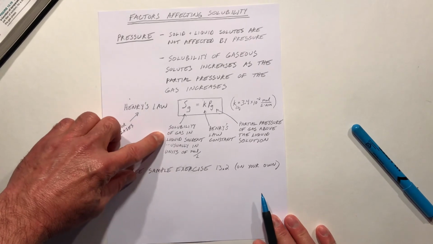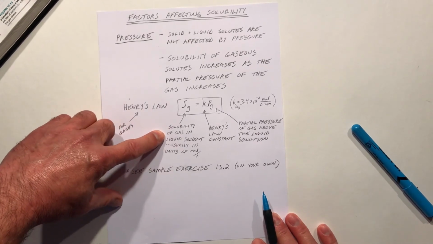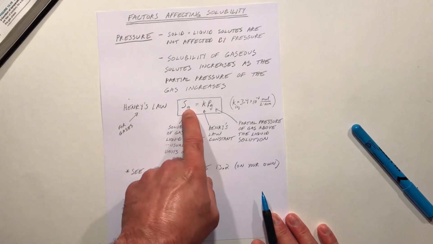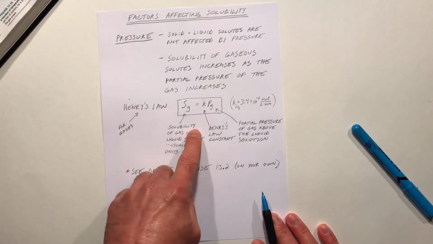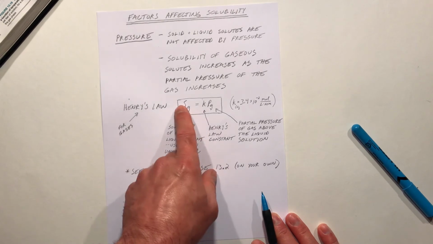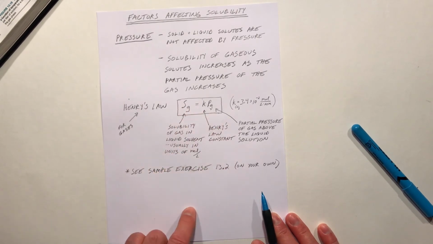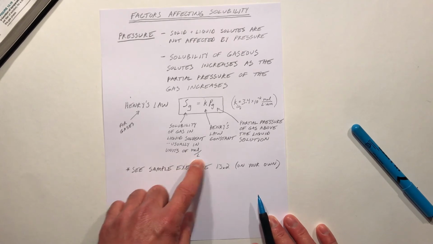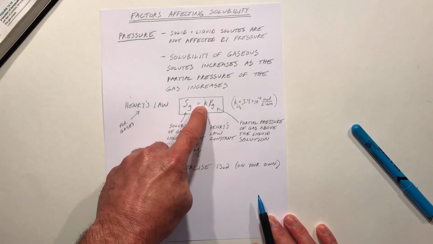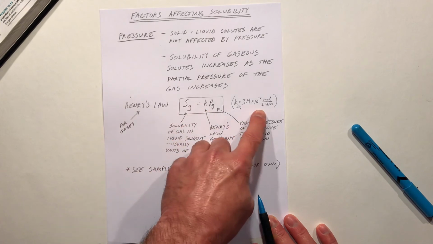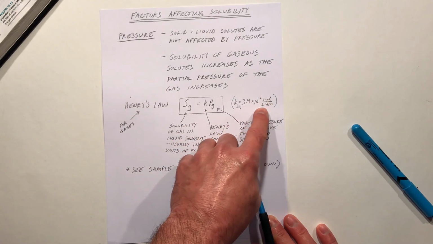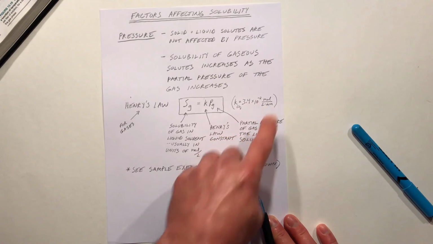So the solubility of a gas in a liquid, S sub G for the solubility of the gaseous solute, is usually expressed in units of moles per liter. The Henry's law constant value is the k value, and notice that in this sample for CO2, it's expressed in moles per liter atmospheres.